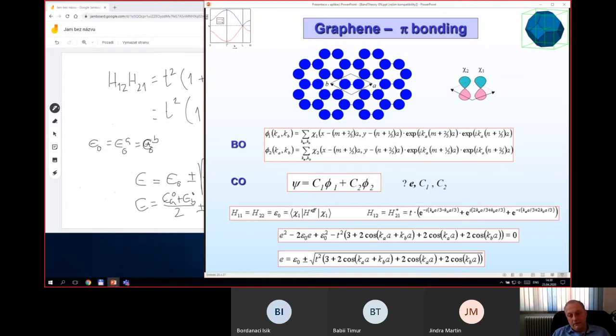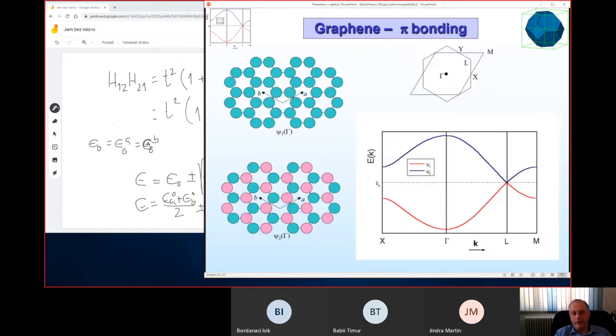But because we have only one transfer integral, and E0 is the on-site energy of the original atomic orbital, the resulting band dispersion has this form.